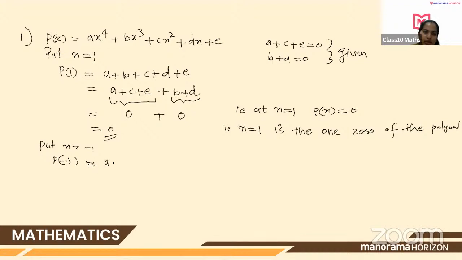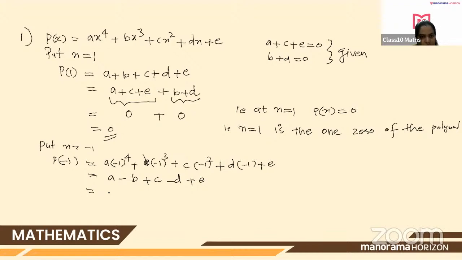That is a into minus 1 raised to 4 plus b into minus 1 cube, sorry, b not a, plus c into minus 1 square plus d into minus 1 plus e. So this will be a minus b plus c minus d plus e.